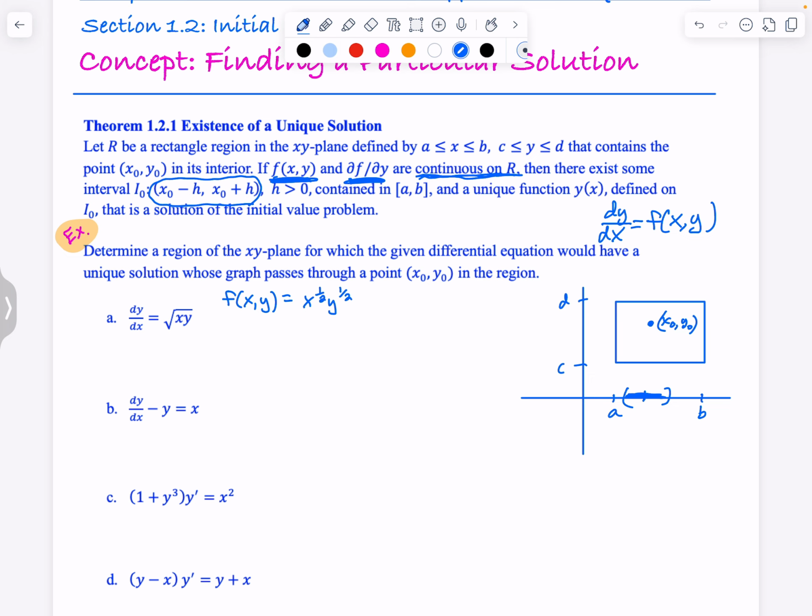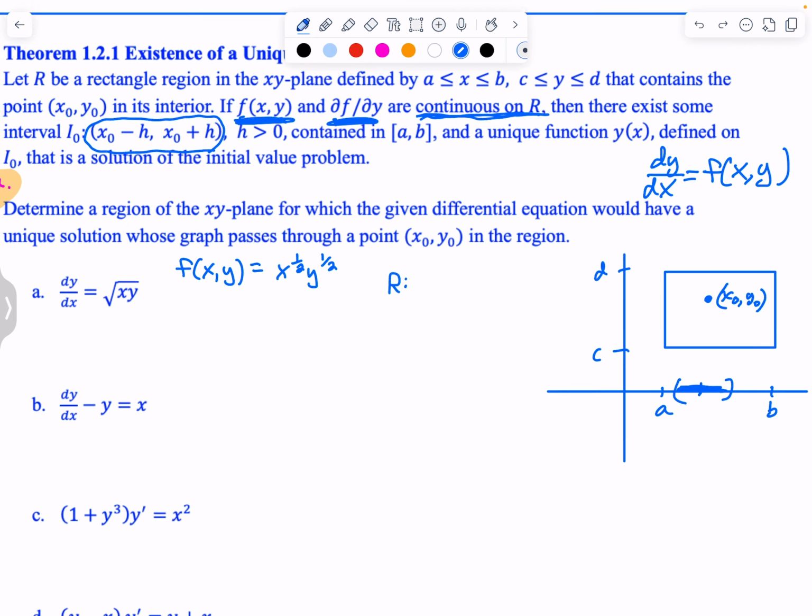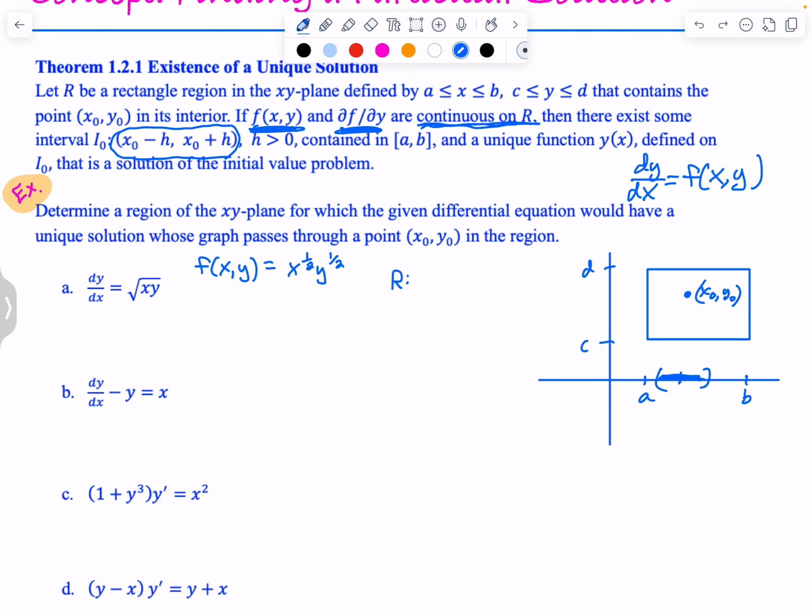So it is continuous on, let's define R, let's try to find R. There are several ways we could define this, so I'm trying to figure out what would be the best way.